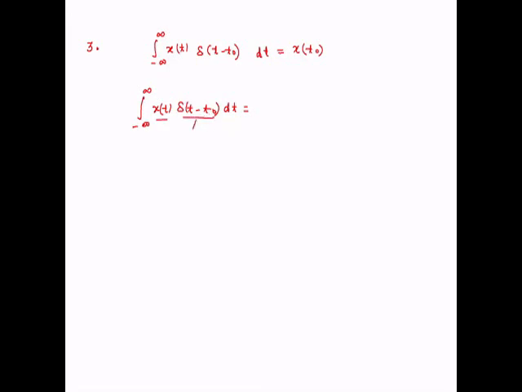By definition we can write that this delta(t minus t naught) is having value 1 when t is equal to t naught, and it is 0 when t is not equal to t naught. Now in the same way as in the previous case, we can write that x is continuous for t equal to t naught.